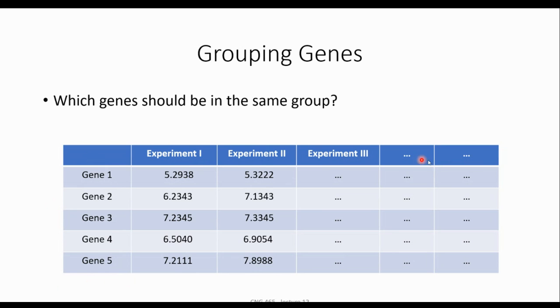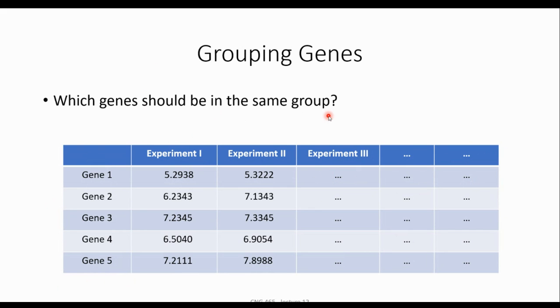So it continues. I didn't mention, for example, how many experiments we have. I didn't mention any data here, but it means that they have some data here when I put 3 dots. I just want to show you what it looks like, and I will also give you an example. So the question is, which genes should be in the same group?